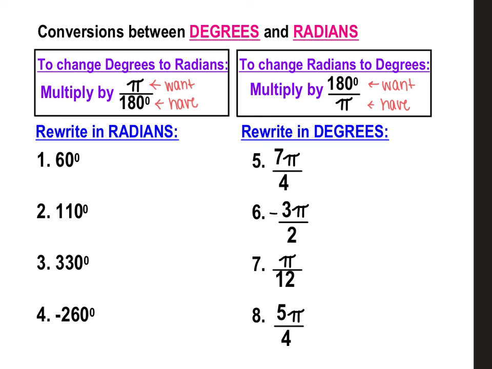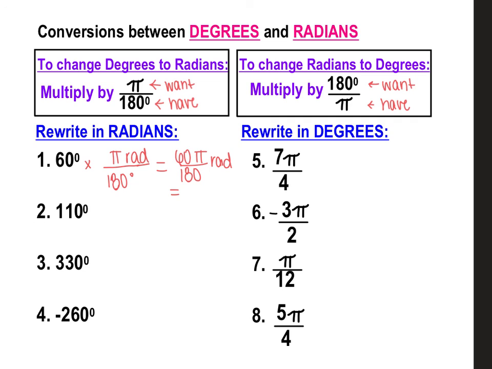So we're going to rewrite this 60 degrees in radians. So I know that if I have degrees, I'm going to make sure that 180 degrees is in my denominator and pi radians is in my numerator. We multiply across, we get 60 pi over 180 radians. And then you can reduce 60 pi over 180.